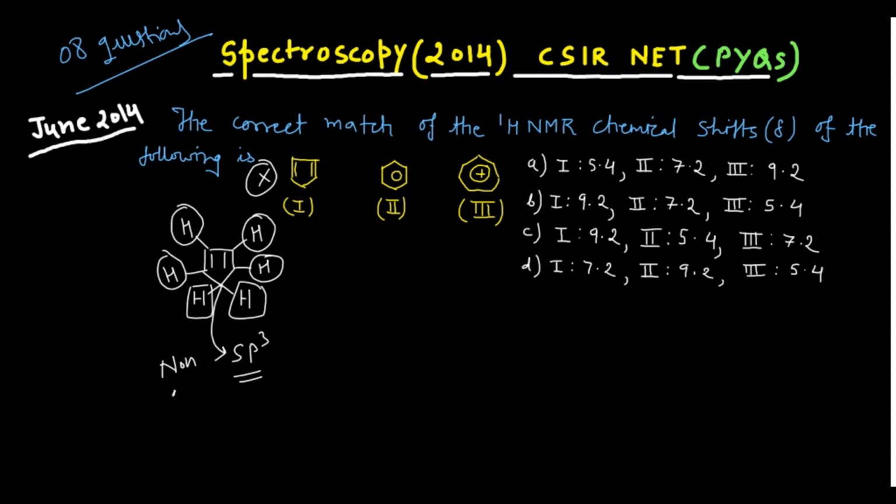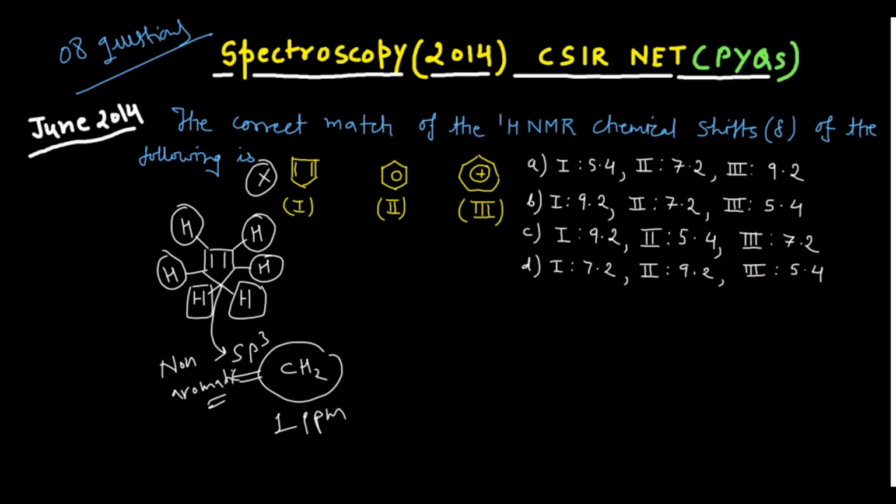This compound is non-aromatic, and for non-aromatic compounds it is a kind of CH2, so the signal should be quite upfield, somewhere around 1 ppm in the proton NMR spectrum. But as you can see in the options given, no chemical shift is near this value of around 1 ppm. So we can immediately discard option number 1.